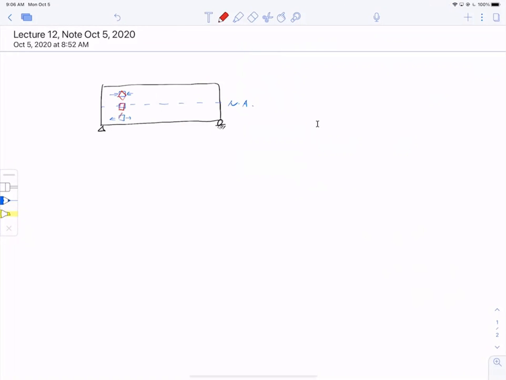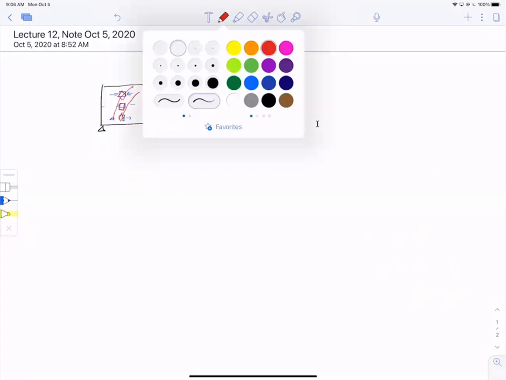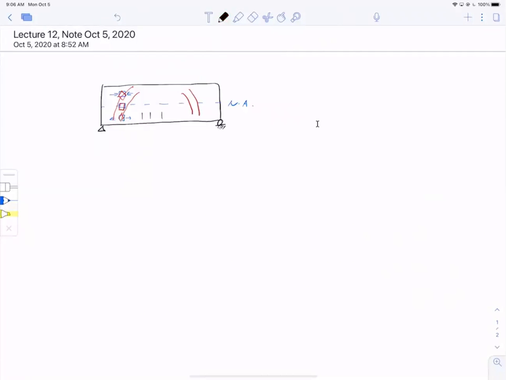So if I draw the principal stress directions, you see some of the stress trajectories. And we talked about this. We have diagonal cracks on the side, and we have flexure cracks in the middle of the section.